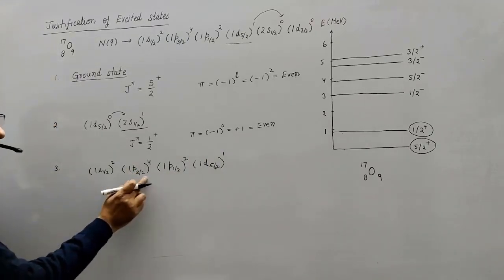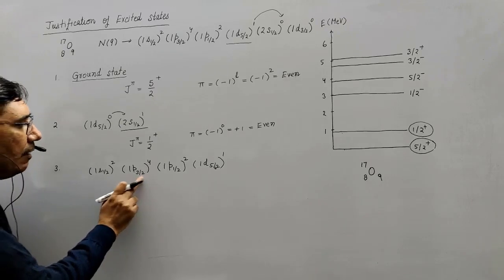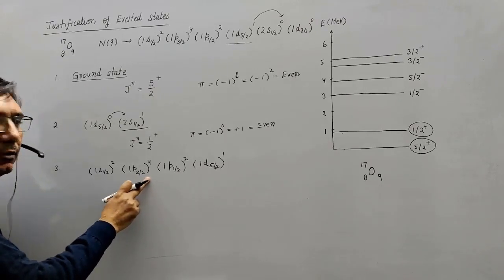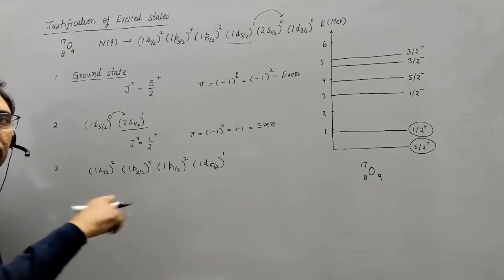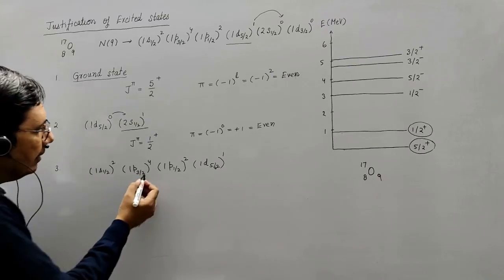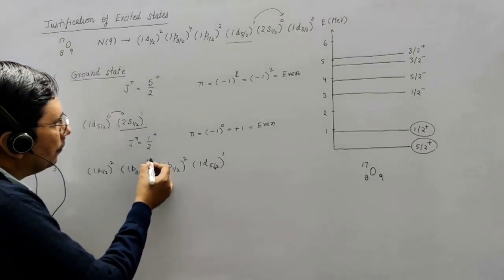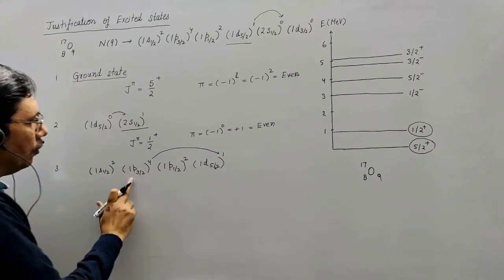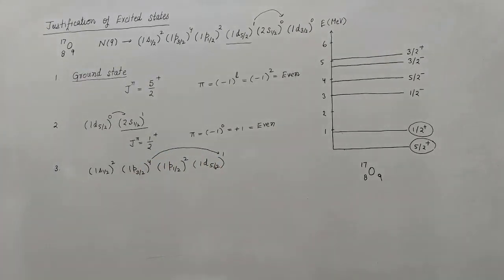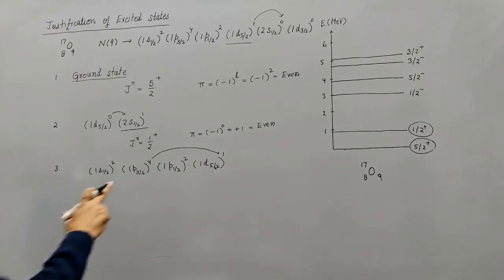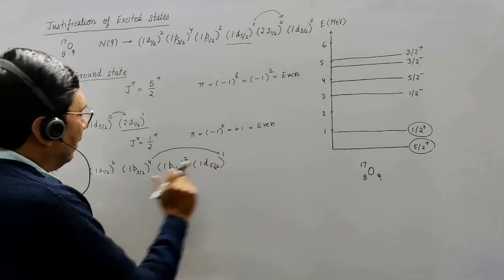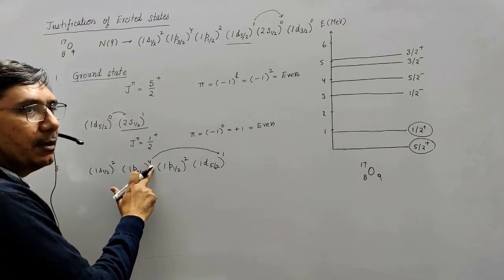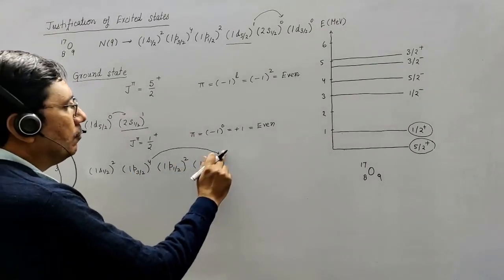If one of the pairs breaks here, we have two pairs of neutrons. If one of the pairs breaks and one of the neutrons jumps from the 1p 3/2 state to the 1d 5/2 state, then what will happen? Here the number will become 3 and here the number will become 2.